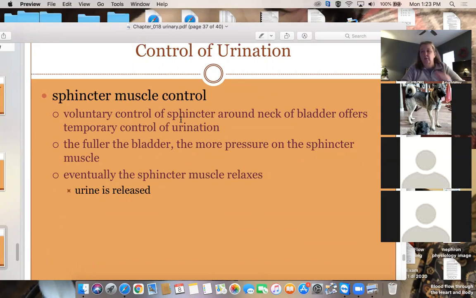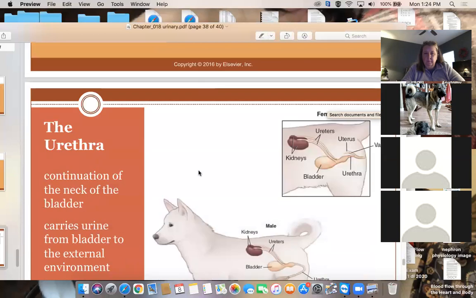The fuller the bladder, the more the signal is sent to empty it, which puts increased pressure on the urinary sphincter. It's going to hold, and then there's going to be a point where we're just going to have to go, and the sphincter releases, and that's all we got. So it can happen.